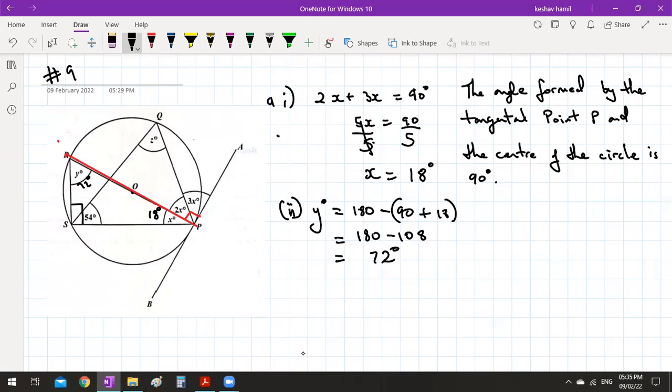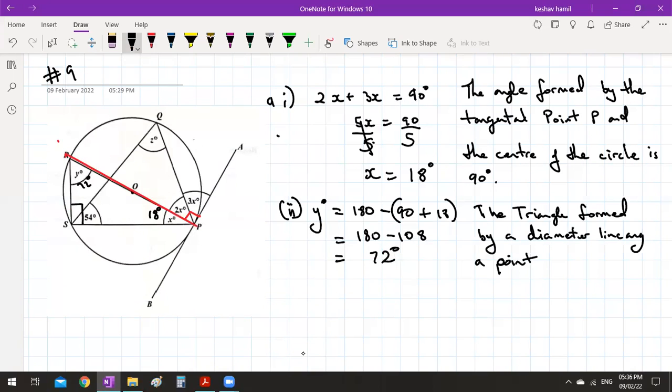The reason for y: the triangle formed by the diameter line and a point on the circumference is a right angle triangle.